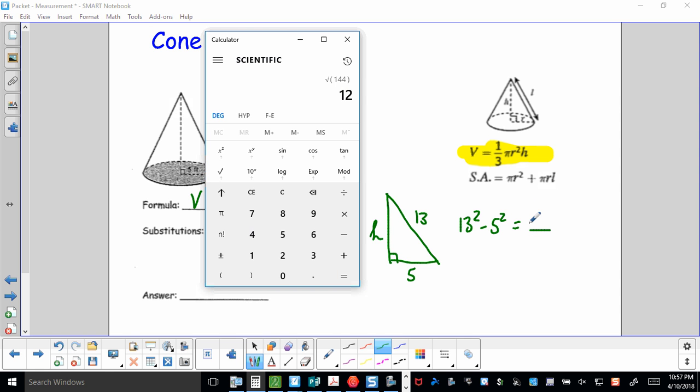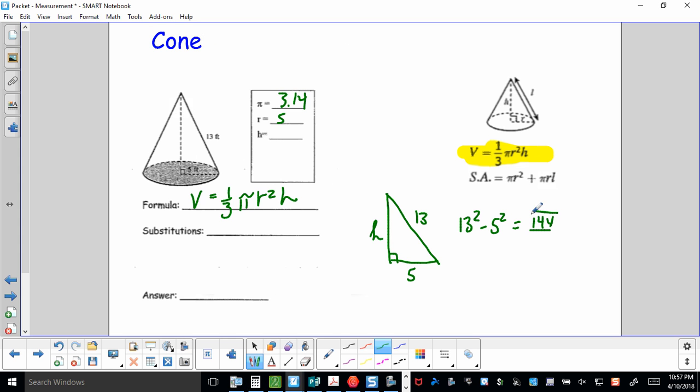That equals 144. We take the square root, which is 12. So our height is 12. And while we're here, we have a 5, 12, 13. It's all whole numbers, so we call that one a Pythagorean triple. If you learn your Pythagorean triples, in a case like this, that could save you some time.